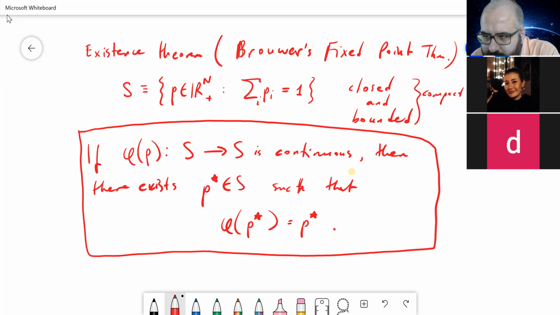So a continuous function that maps prices into prices in this compact set requires there is at least one p star, which is a fixed point. Fixed point in the sense that it doesn't change, right? I give you p star. The price updating mechanism gives me p star. That requires the continuity of phi. Okay, my friends, so that's your existence theorem.